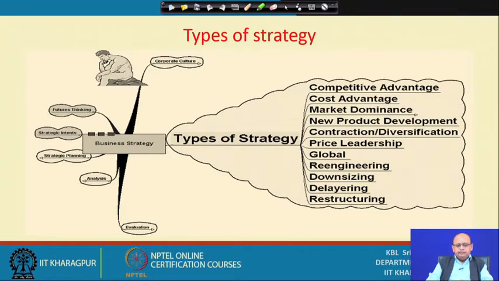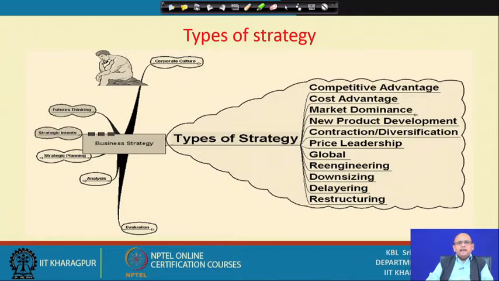When you are thinking about a strategy, you basically think about how we are going to achieve these strategies, and there could be other factors which also contribute to this strategy, which could be related to the environment, structure, or culture also. Though we are not discussing it here, they also have a role to play when it comes to defining the kind of strategy that you are going to have.